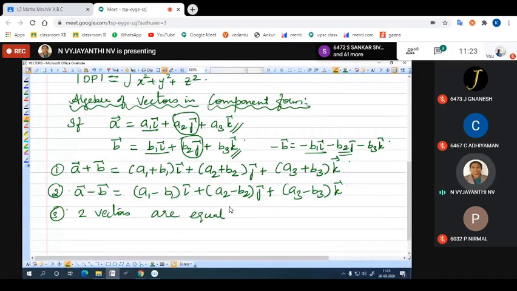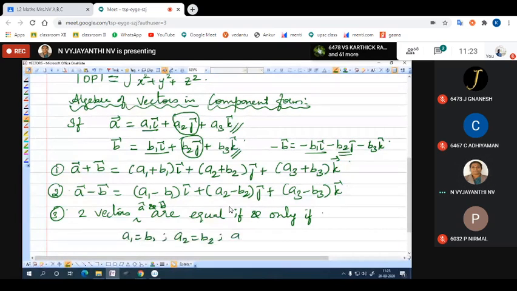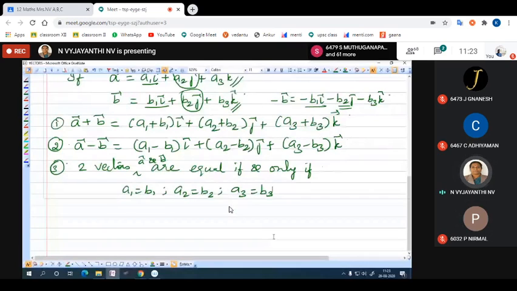That is, two vectors a vector and b vector are equal if the components a1 must be equal to b1, a2 must be equal to b2, and a3 must be equal to b3. Only if the components are equal, the magnitude and direction both will be the same. So the two vectors will be equal in that case.